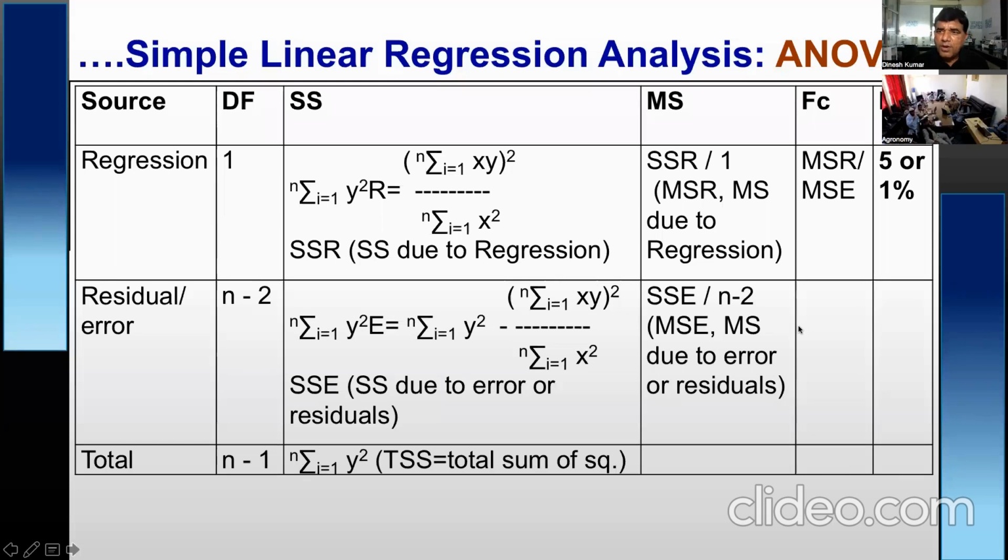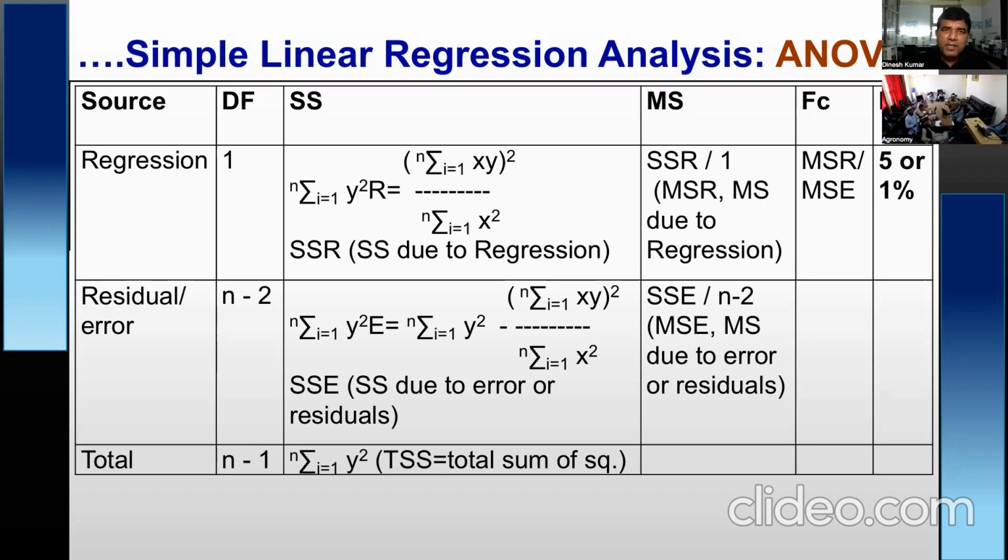So just now I explained, if your F calculated is greater than the table value, that means your equation is significant. What does it mean? If my equation is significant, it means the equation is truly linear, representing the linear relationship. If my equation is non-significant, if the F test fails, that means the equation is not linear. So this was the test for linearity of the equation.